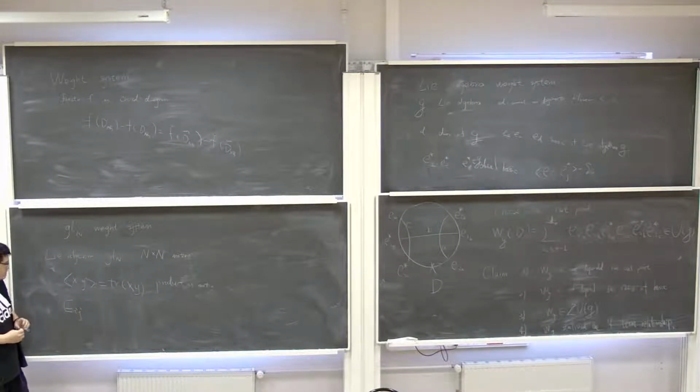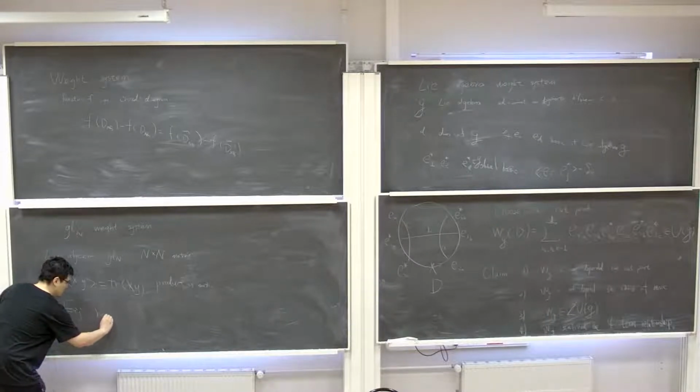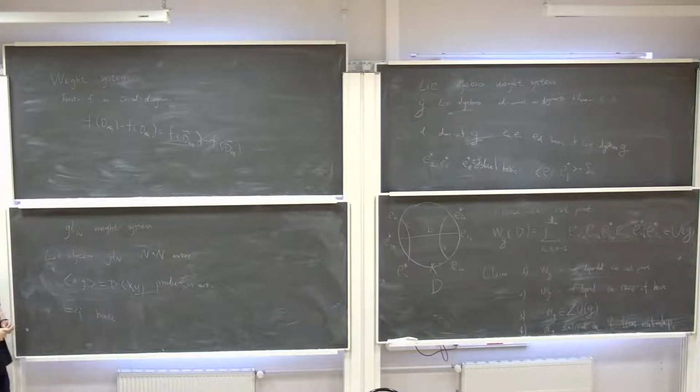E_ij has 1 on the intersection of the i-th row and the j-th column, and zeros everywhere else. Matrix unit; a transvection is different.